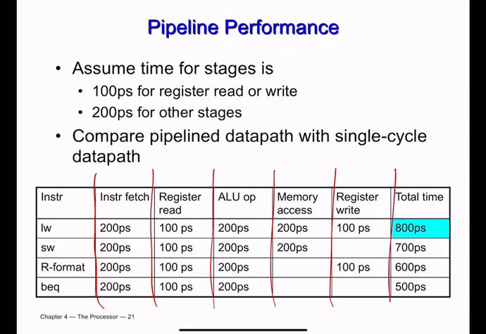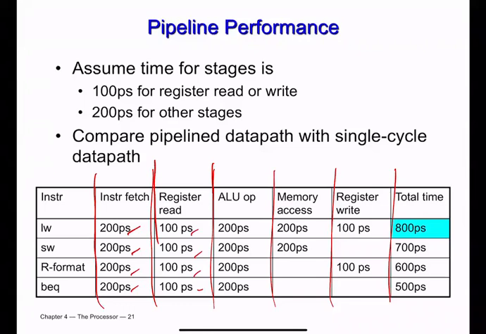If you were to choose the period of the clock cycle, you will see that if you choose 200, then you will satisfy all of them, because here all of them are 200. Here all of them are 100, which is less than the 200, so you can still satisfy them with the 200.